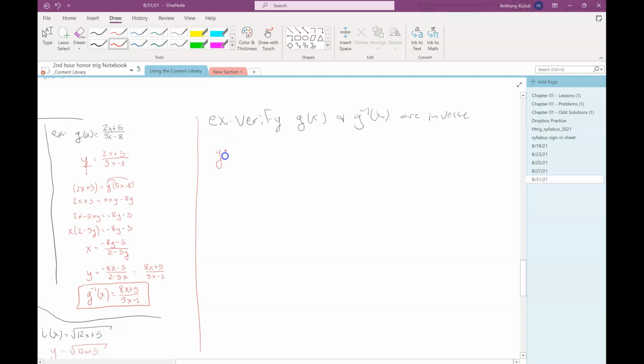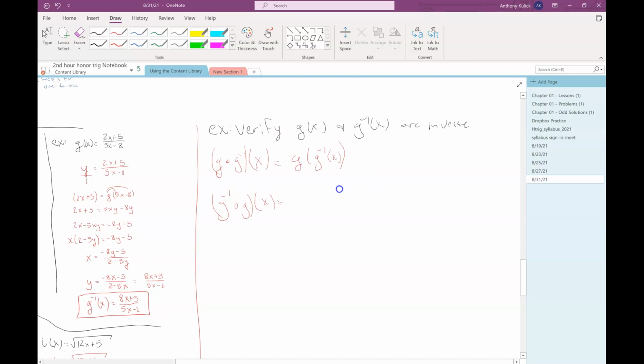I need to do G compose G inverse of X and show that that gives me X. And then I need to do G inverse compose G of X and also show that that gives me X. So the first one is just by definition, g of g inverse of x.